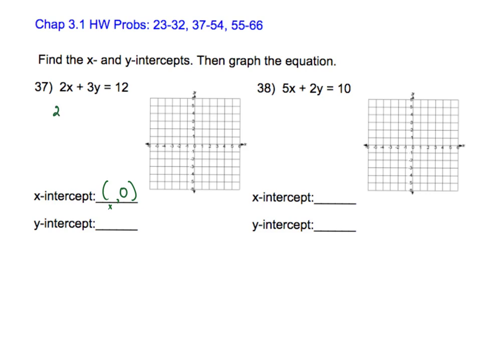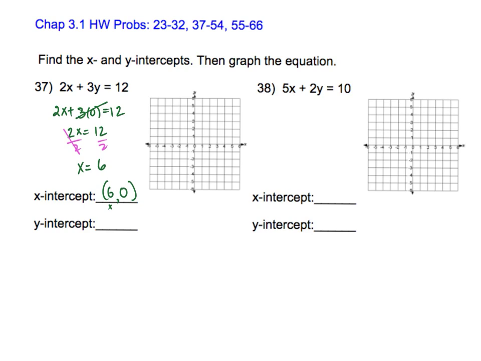It's going to be 2x plus 3 times 0 equals 12. So then the 0 and 3 will cancel because 0 times anything is 0. 2x comes down, 12 drops down, so then I just have to divide by 2. And that gives me x equals 6 if I just divide that 12 by 2.